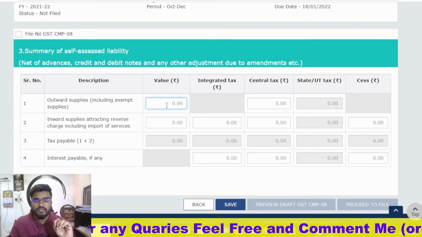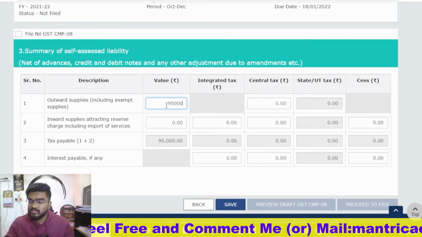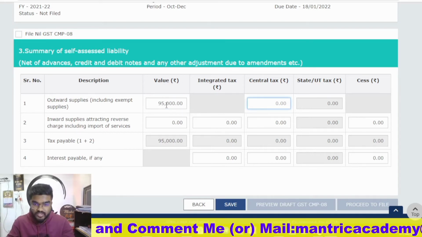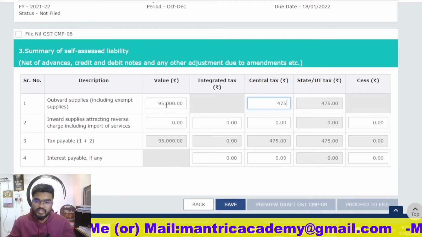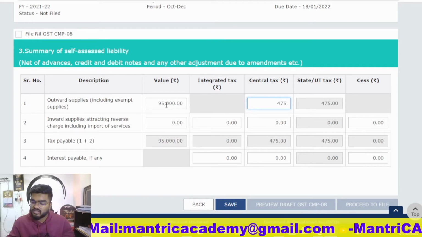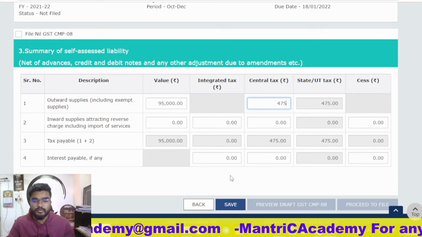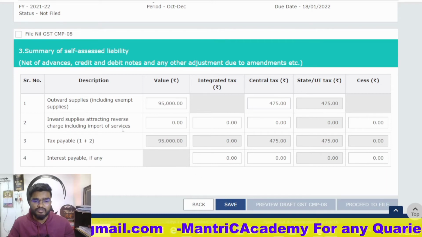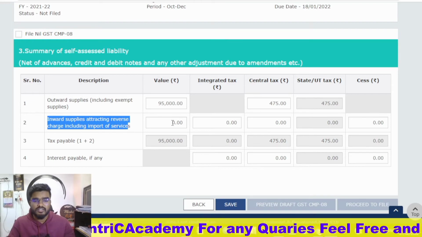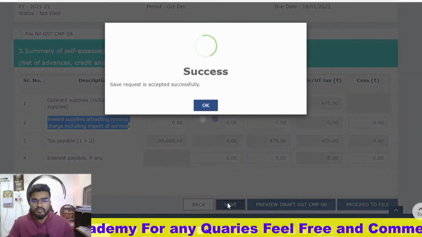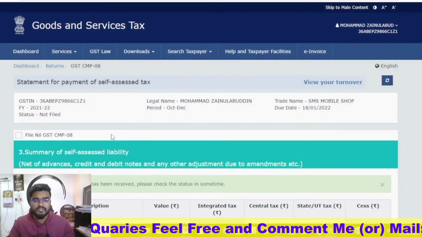For example, this person's turnover is 95,000. 1% of 95,000, divided by 2, is 475 CGST and 475 SGST. That is the tax amount to be paid by the taxpayer. After entering the amount, if there are any reverse charge supplies, you can enter the values here and save the draft.